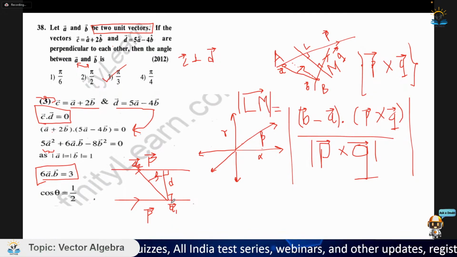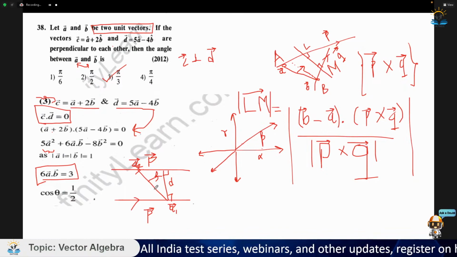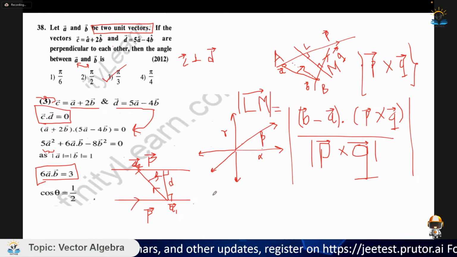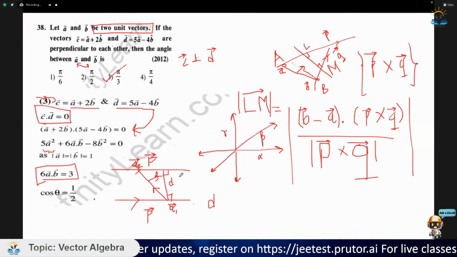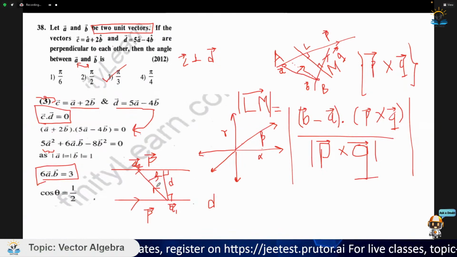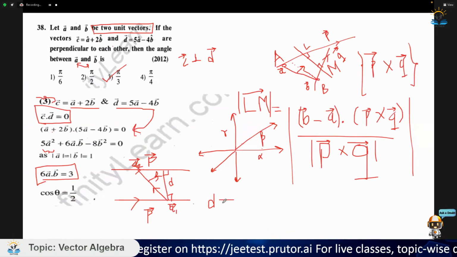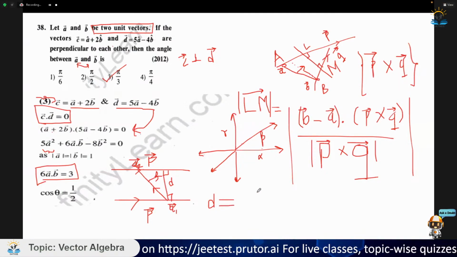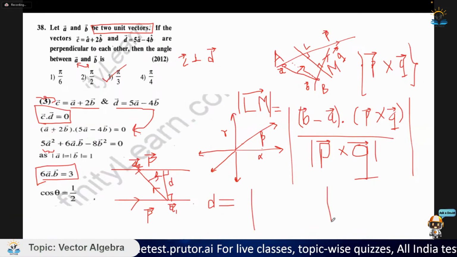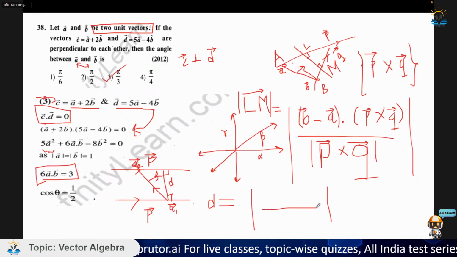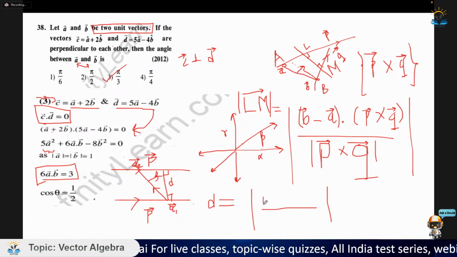So this is the a2 minus a1 vector and this vector, they have an angle of theta. Okay, so considering this triangle, d is simply, we will use mod as we are writing the value of d.